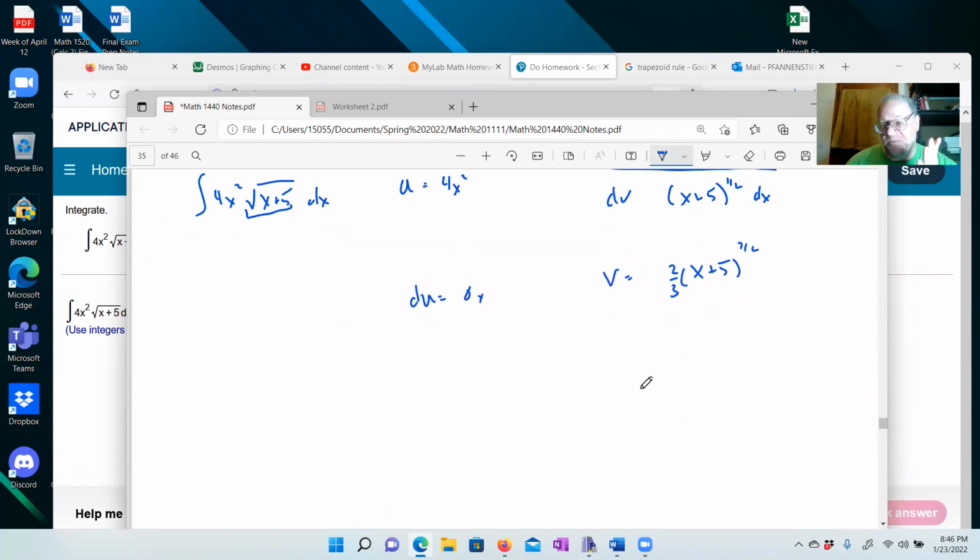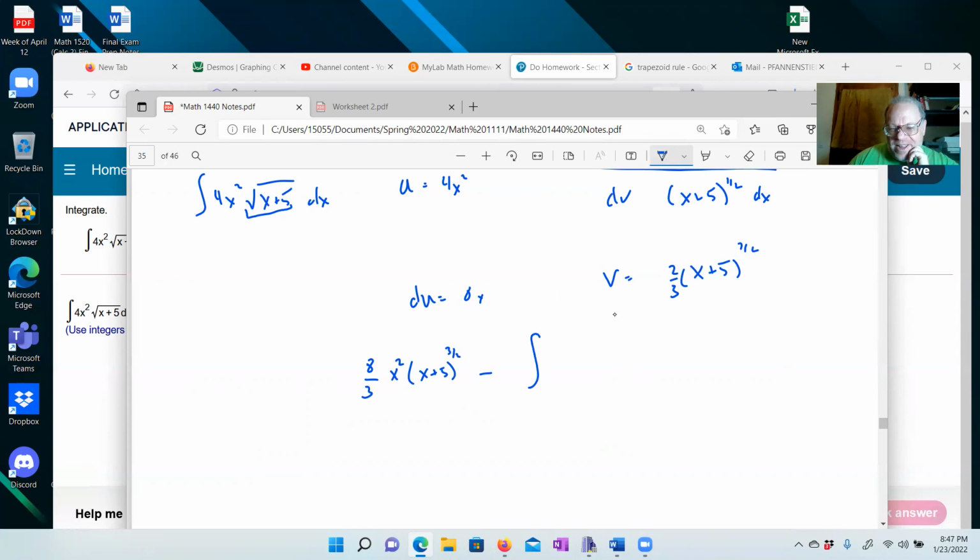So this way you don't want to cross things out or erase it, because you could look at this and say, oh, this looks terrible. Like, yeah, it does. So uv, this is going to be 4 times 2 is 8, on the bottom we just have a 3, so here's my uv: 8/3 x squared times x plus 5 to the 3/2, minus integral.